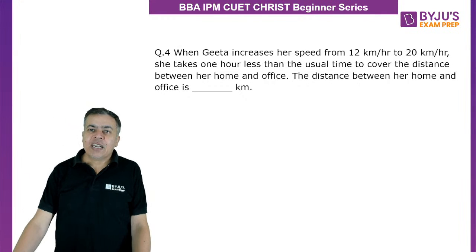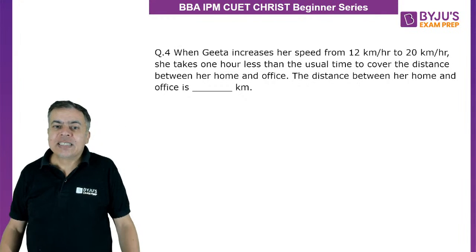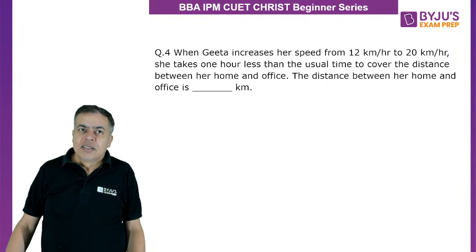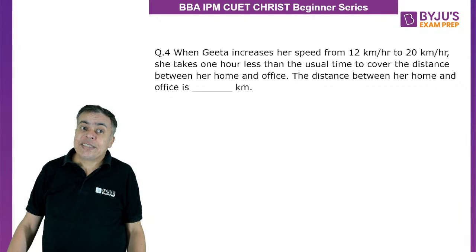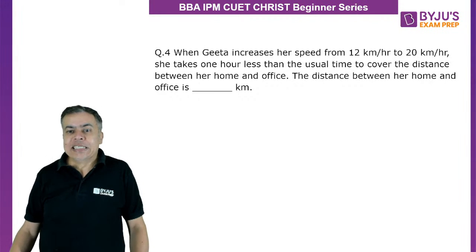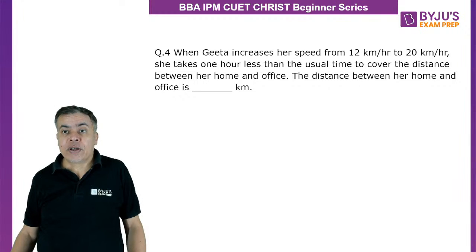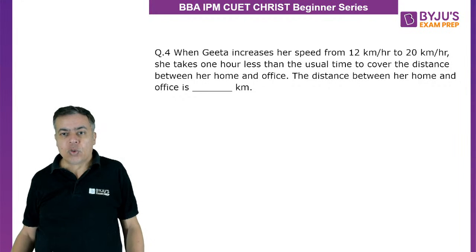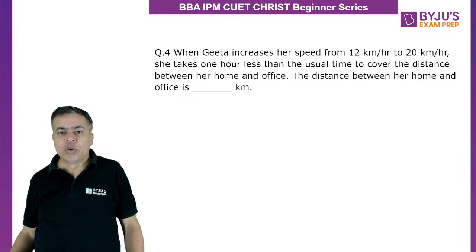Okay, the next one is a question without choices. But this is a standard question, very, very standard. When you do the time, speed, distance chapter, this is one of the basic questions you must know. Everybody must know this.